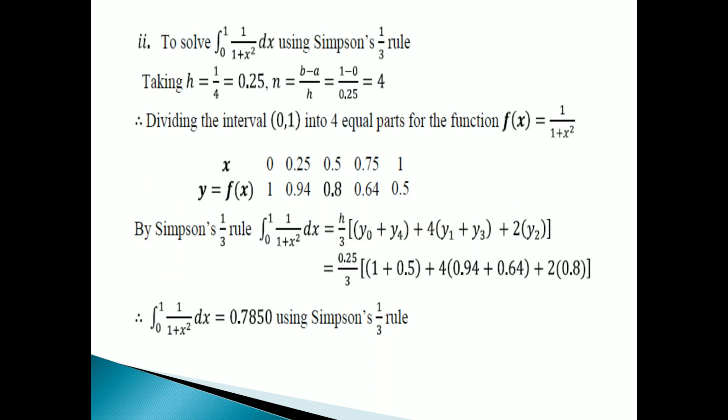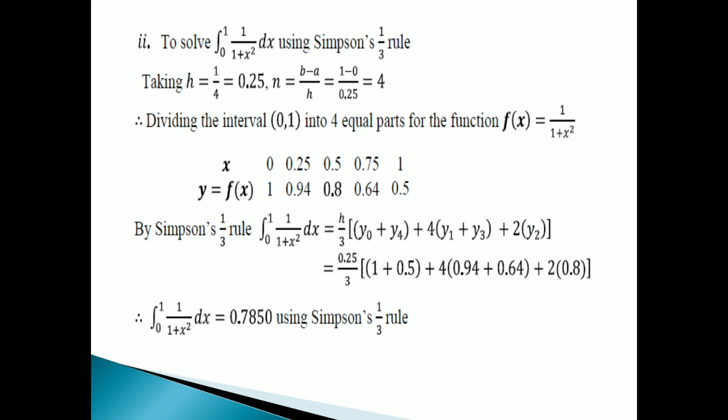Similarly, by Simpson's 1/3 rule, taking h equal to 1 by 4, that is 0.25, the obtained values of x are 0, 0.25, 0.5, 0.75 and 1. For all these values, the corresponding values of y are 1, 0.94, 0.8, 0.64, 0.5.